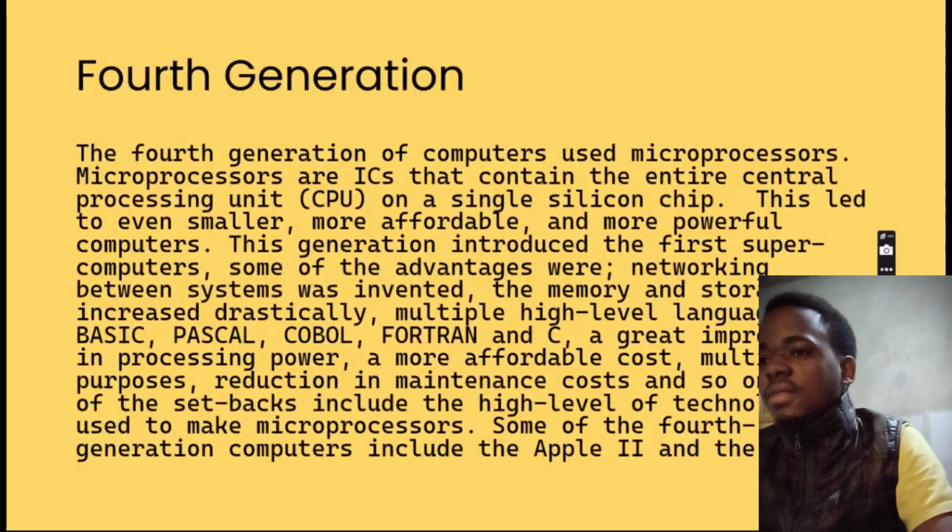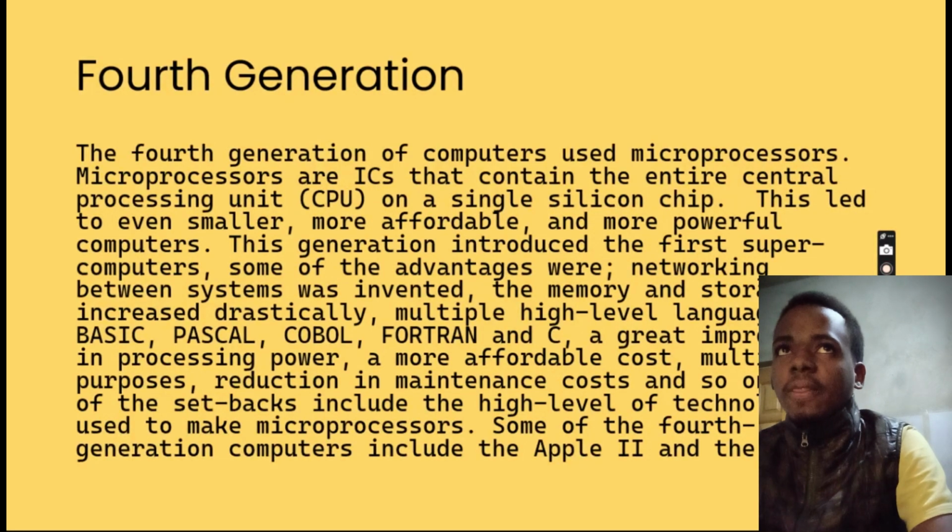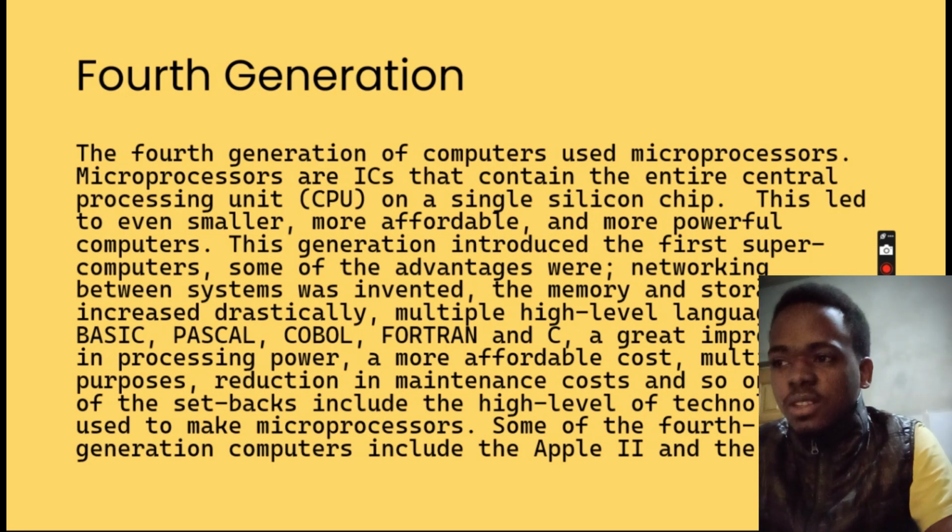And then again, on the advantages, of course, as an improvement to the third generation, this led to even smaller, more affordable, and more powerful computers. Actually, this generation is the one that introduced the first supercomputers.